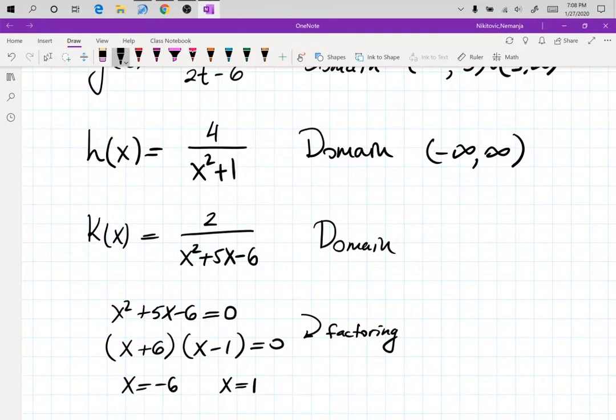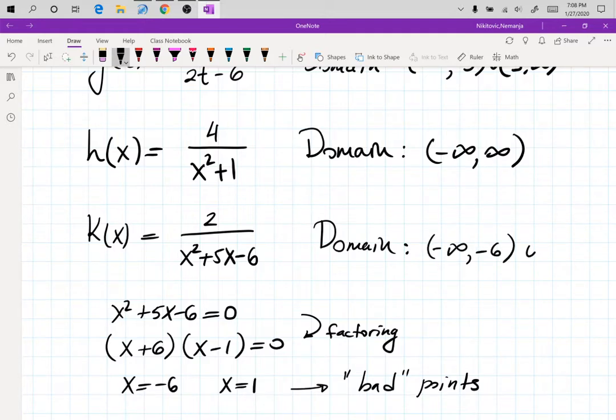And now these are, in quotes, bad points. So what is my domain? Domain is going to be from negative infinity to negative 6, union negative 6 to 1, union 1 to infinity.